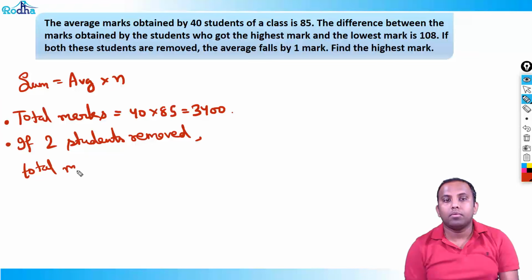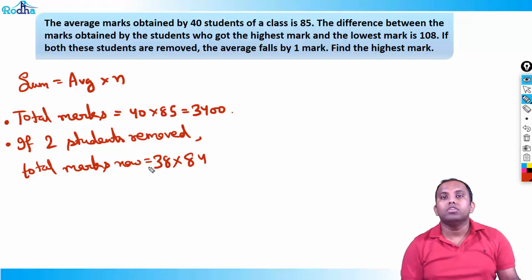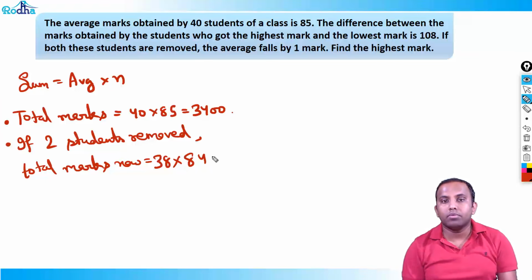The average was 85, it now becomes 84, and the number of students becomes 38. After removing those two, the total marks become 38 into 84, because the average falls by 1 mark from 85 to 84, and 2 students are removed, so 40 minus 2 is 38. So I need to calculate 38 into 84.